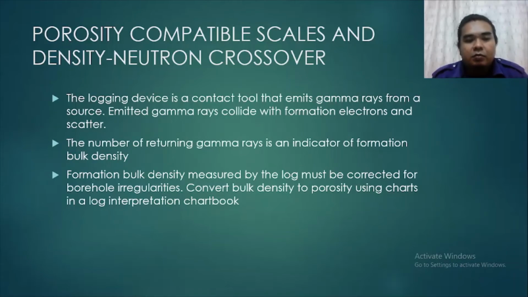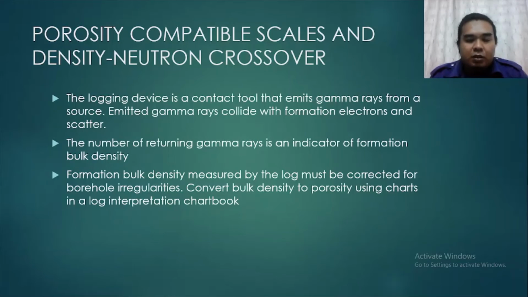For my part, porosity compatible scales and density neutron crossover is a logging device, a contact tool that emits a gamma ray from a source. This gamma ray was emitted and collided with the formation electrons and scattered around.